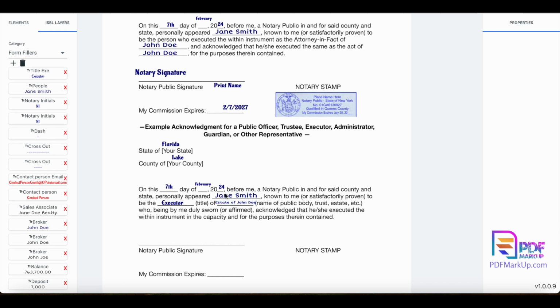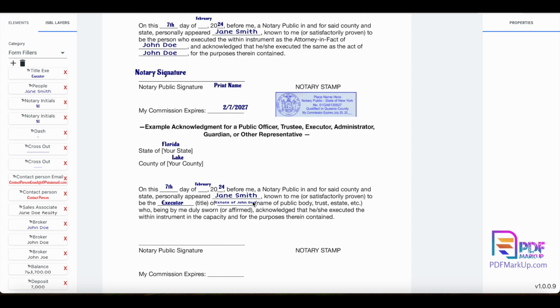So you have the date, the person who appeared before you, their title, and what they're in charge of, the name of the public body, trust, estate, etc., which is the estate of John Doe. It could be called Lisa Estate or Joe Estate, whatever it is called, and you will know because it's on the documents.